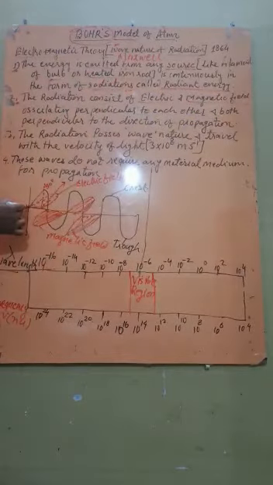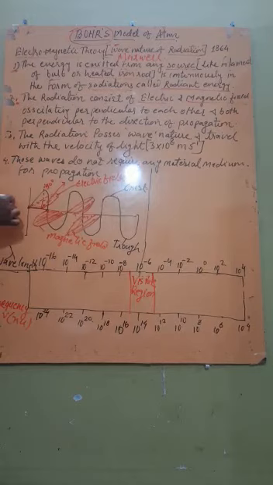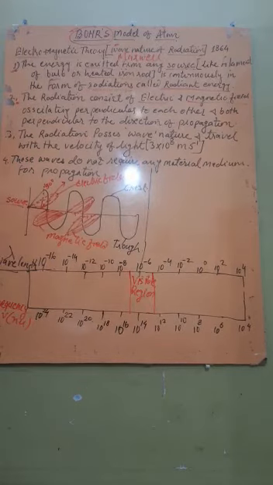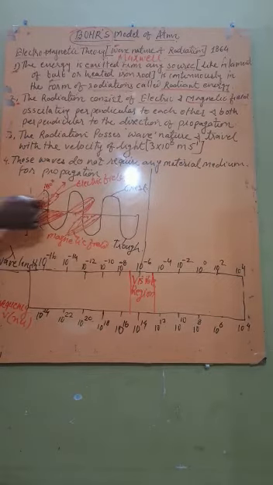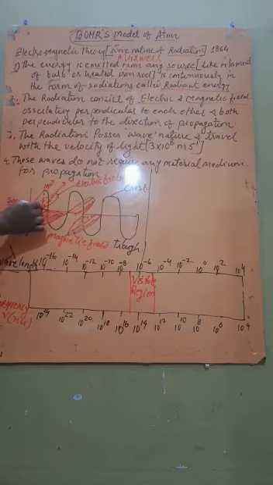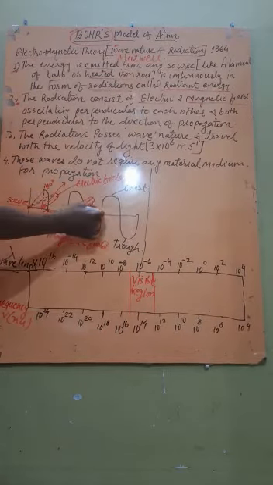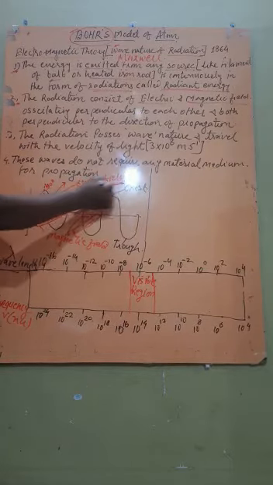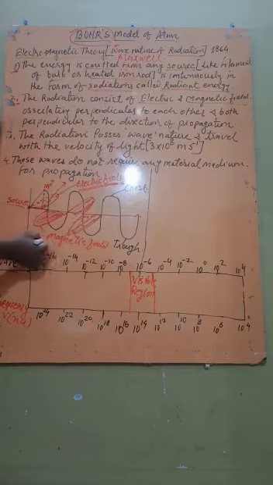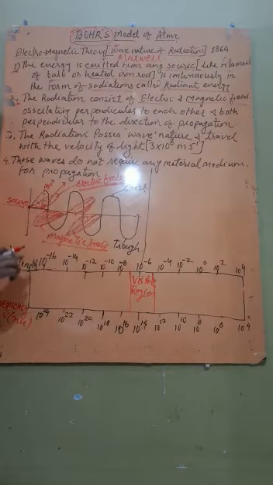The second postulate given by him is that the radiation consists of electric and magnetic fields. Look at the diagram here, this is the source of light or radiation. So how is the light traveling? The light is traveling in this path. When the energy travels, it generates two types of fields, the electric field, which is perpendicular to the direction of propagation, and the magnetic field, which is also perpendicular, and they are also perpendicular to each other.